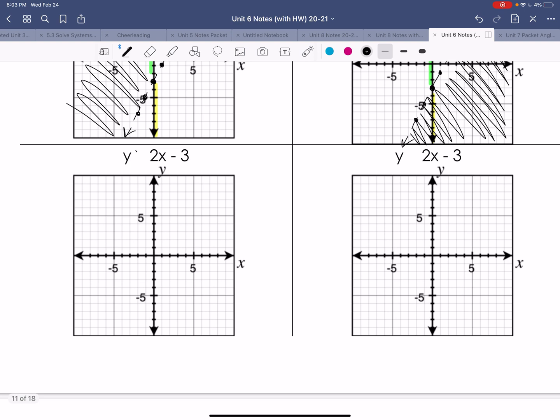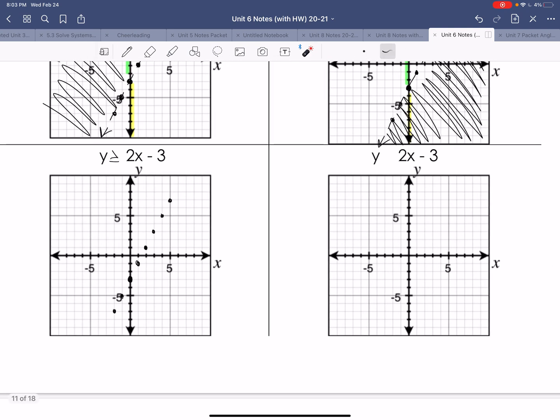The next one I'm going to do is y is greater than or equal to. So again, the line is going to be graphed the same, starting at negative 3, up 2 over 1 for all of those points. Okay, just getting a few on here. Now here, for this inequality, I'm saying y is greater than or equal to. So I have that or equal to part, so that means I'm going to have a solid line, okay?